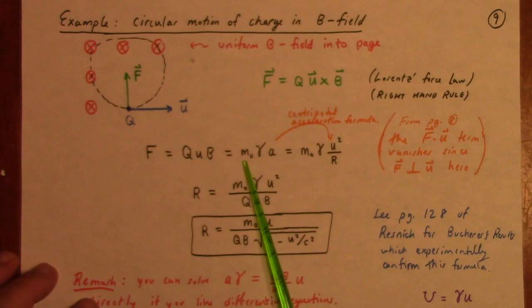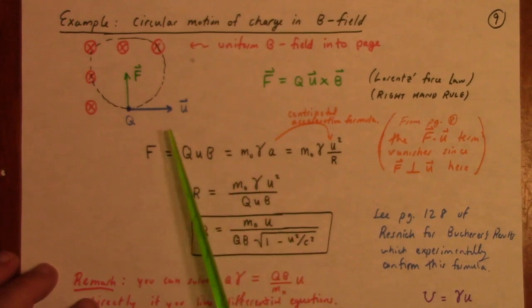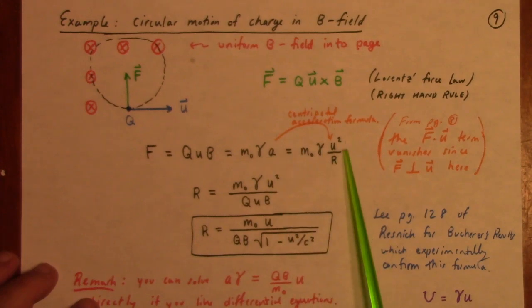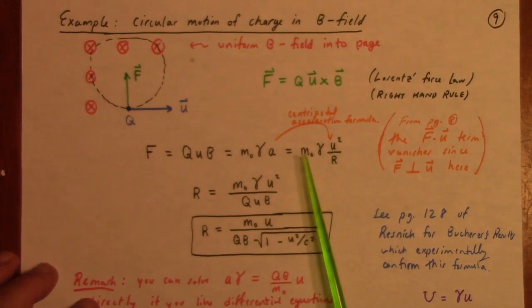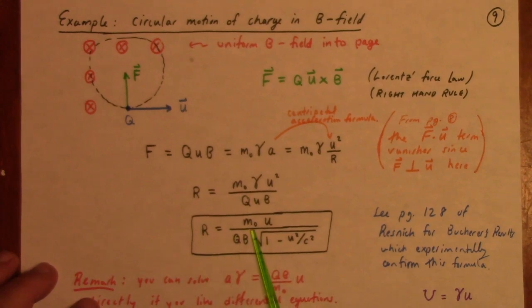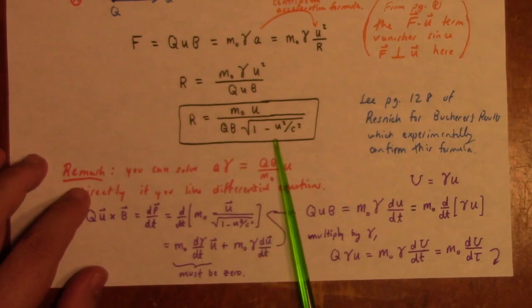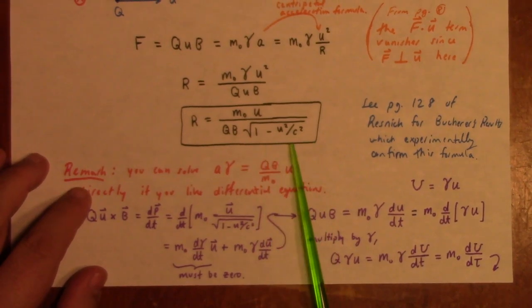And it just leaves you with the m0 gamma a term. But this is going in a circle, right? So a circle has acceleration as v squared over r. And so then you can solve this for the radius, and there you have it. The radius is m0 u over qB times the square root of 1 minus u squared over c squared.